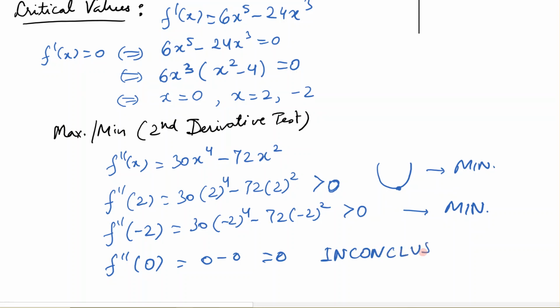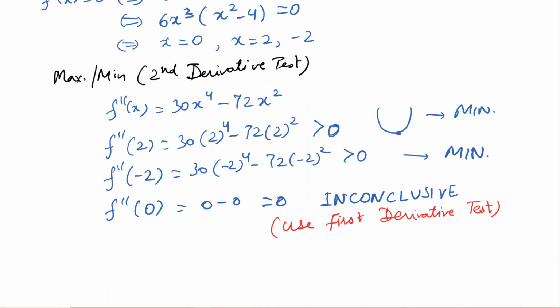We don't know whether it's a point of maxima or minima, so we should use our first derivative test for this critical value. Sometimes the second derivative test works, sometimes it doesn't, but the first derivative test always works. So I'm going to show you the first derivative test now.